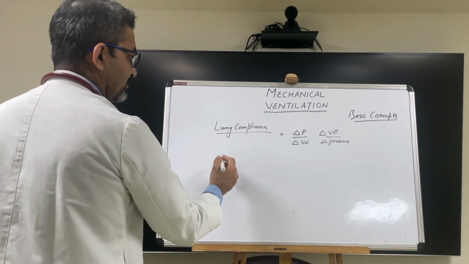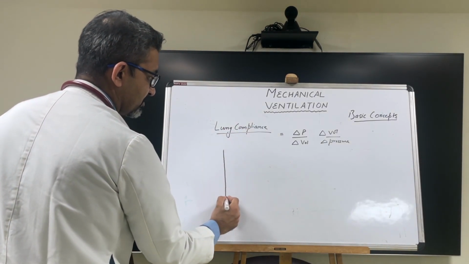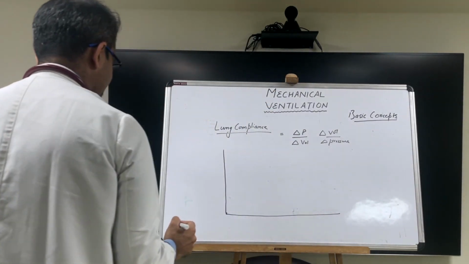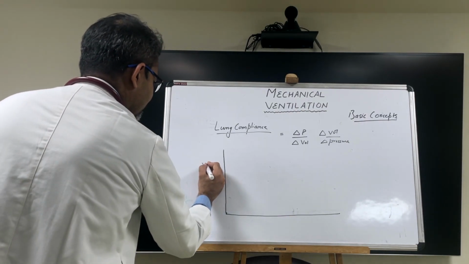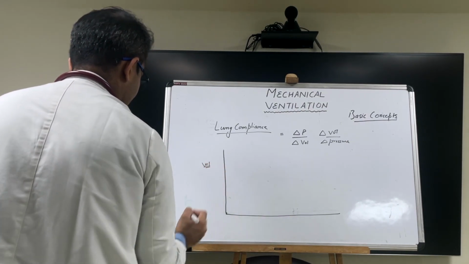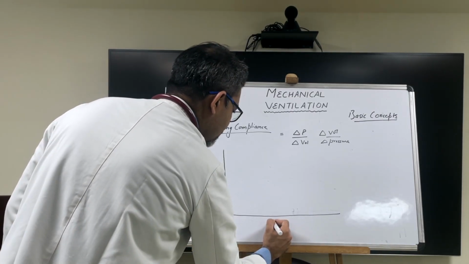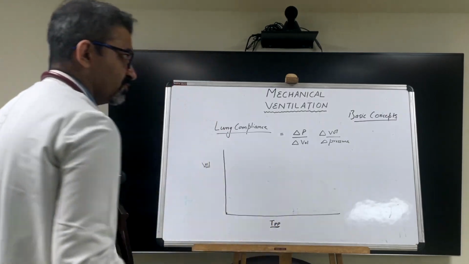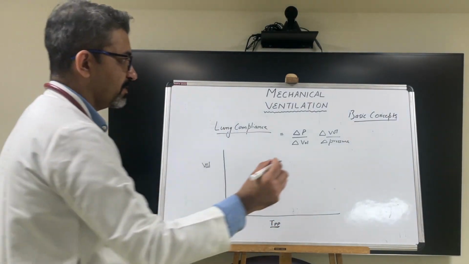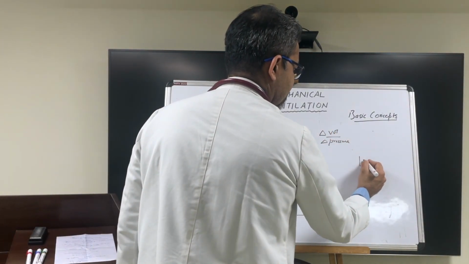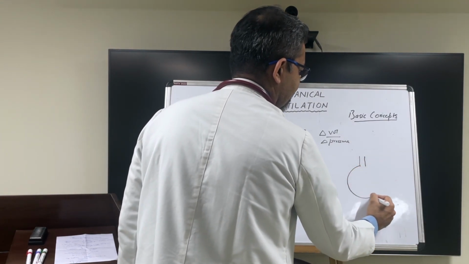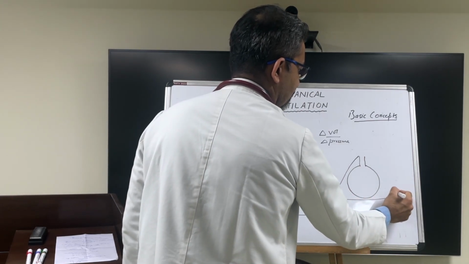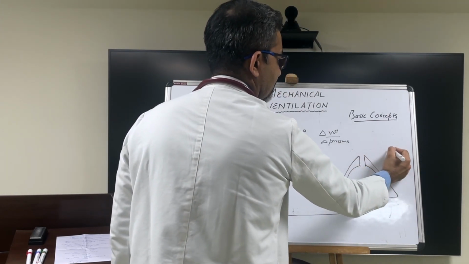So it can be represented graphically. This is volume, and this is your transpulmonary pressure. Do you understand transpulmonary pressure? Suppose this is an alveolus, this is your pleura, and this is your atmosphere.